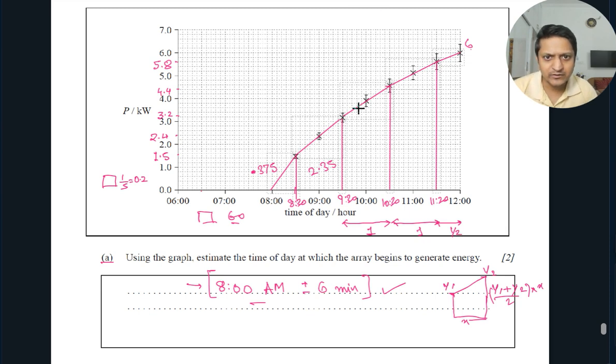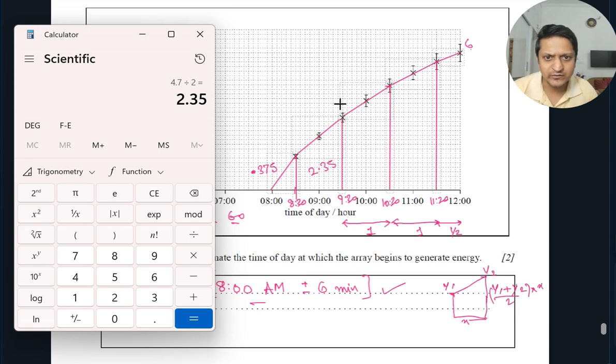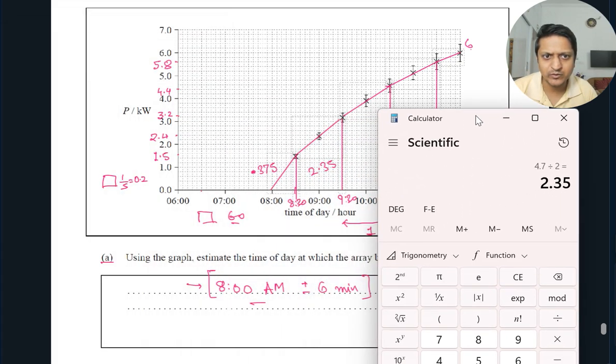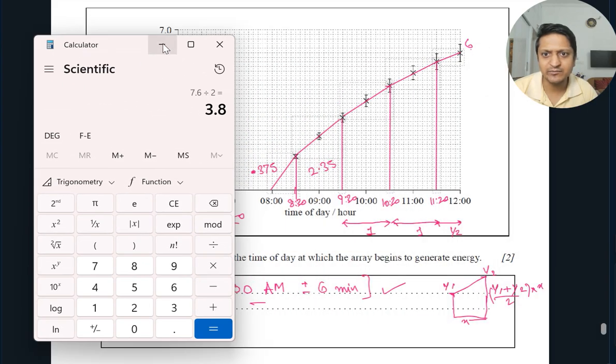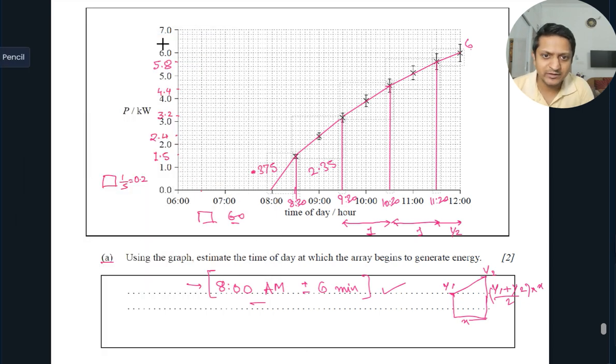So now we need to calculate for this portion. This will be 4.4, and this is 3.2. So 4.4 plus 3.2, total, divided by 2, is 3.8. When 3.8 is multiplied with 1, it will be 3.8.